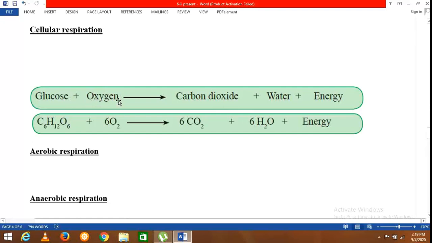That is only for your convenience of remembering. So during cellular respiration, glucose reacts with oxygen, releasing energy along with carbon dioxide and water. This is the balanced chemical equation for cellular respiration. C6H12O6 reacting with 6 oxygen molecules, 6O2, giving 6CO2, 6H2O in the gaseous state, and energy.